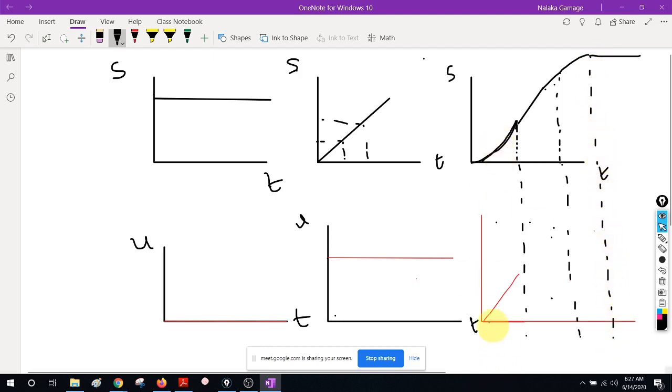Now up to this point it's a constant rate of change. Constant rate of change means the rate of change of speed. Okay, the rate of change of the displacement.